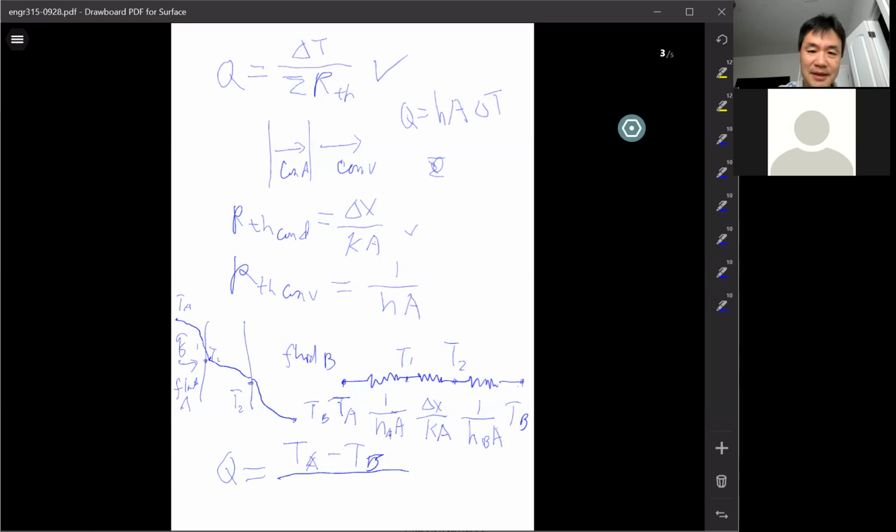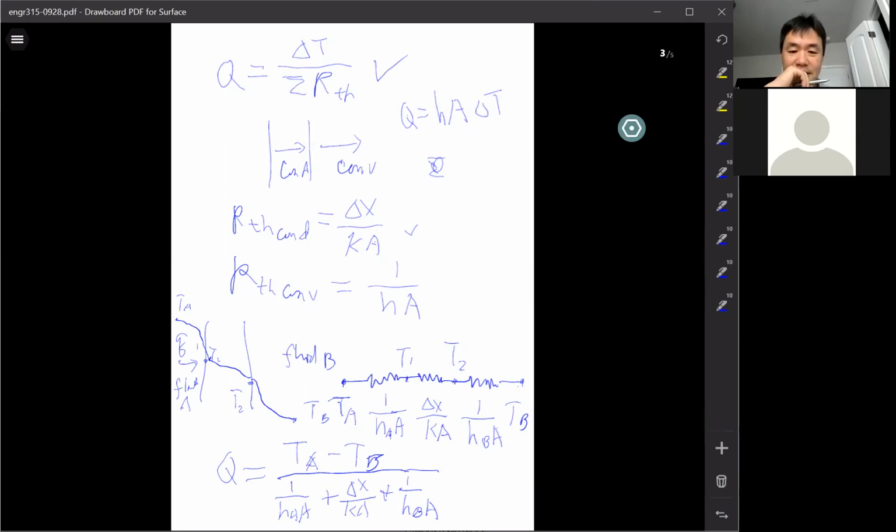So it's divided by the summation of the thermal resistance. In this case, it's a serial arrangement, right? So it's just one over hA plus delta X over kA plus one over hBA. That's the heat transfer rate in this system.